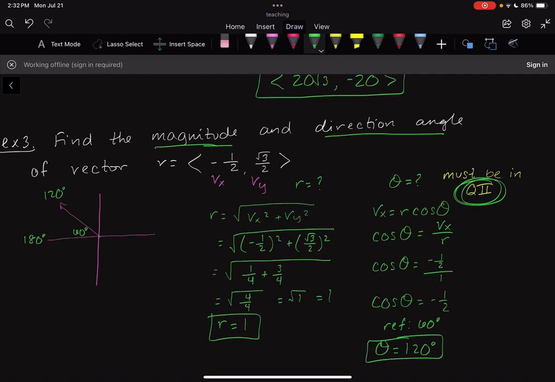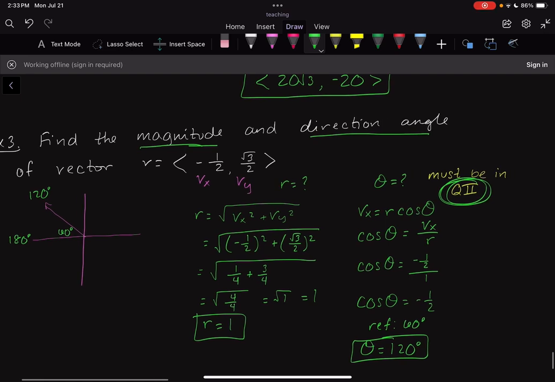The reason is because I don't know how much you remember from 4.1, but inverse trig functions can only give you answers in certain quadrants. So cosine inverse can only give you an answer in quadrant 1 or quadrant 2. So if we're looking for answers outside of that, like maybe quadrant 3 or quadrant 4, we would not want to use cosine to help us.